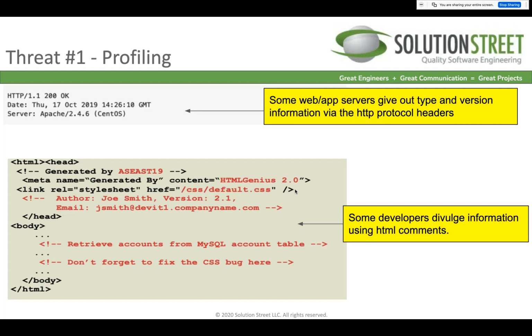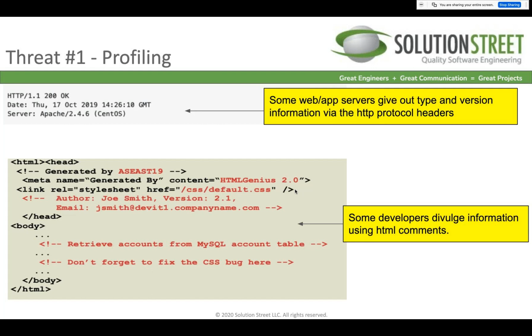One of the pieces of information that the server can provide when you send a request to it is information about the server. This was intended to let the client and server decide how to talk to each other best, but unfortunately you can give out critical information. In this case, it's giving out Apache 2.4.6, and the operating system, CentOS, that it's running.